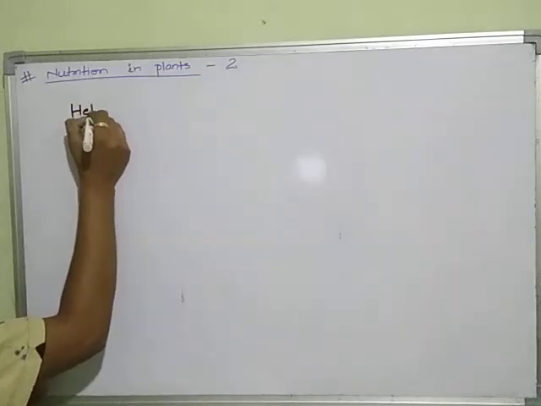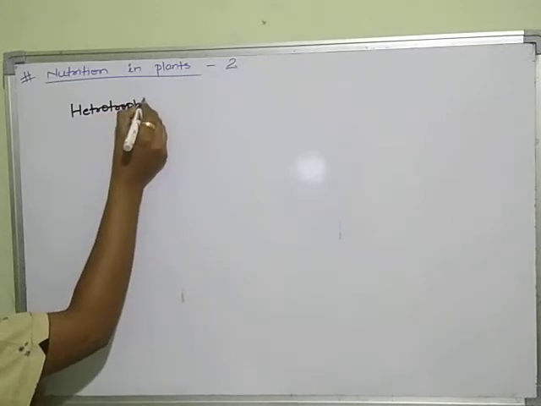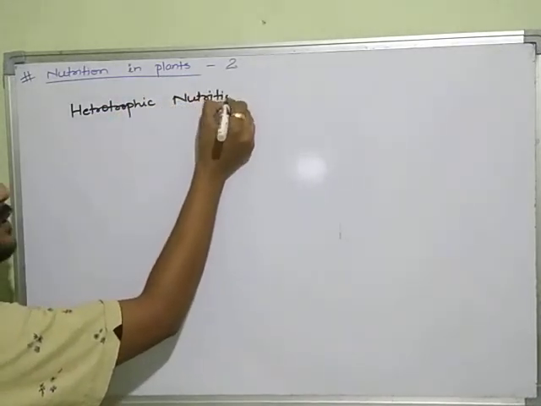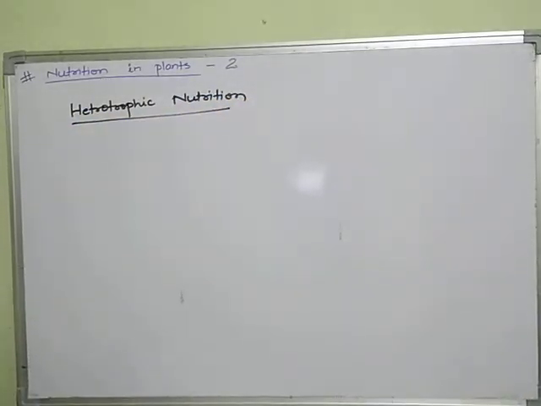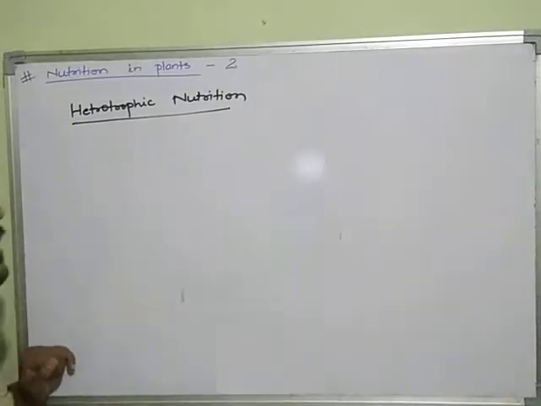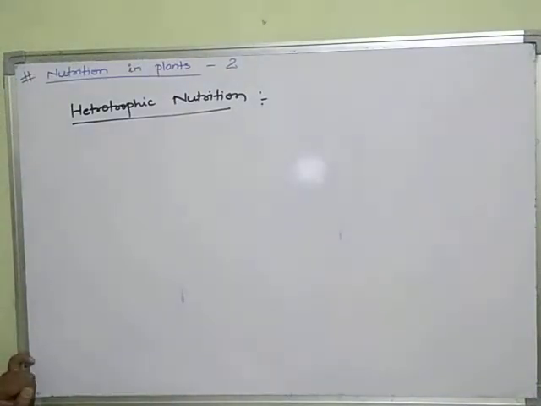Okay, so I am going to start heterotrophic nutrition. So now what is heterotrophic nutrition? It is a mode of nutrition in which organisms cannot prepare their own food. That means in heterotrophic nutrition, organisms depend upon other plants for their food.